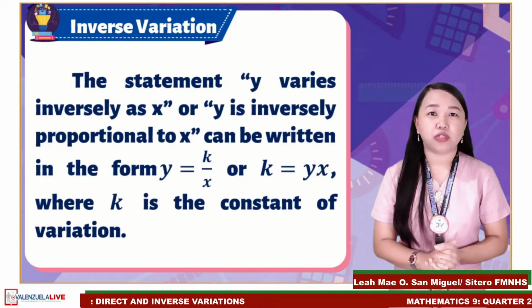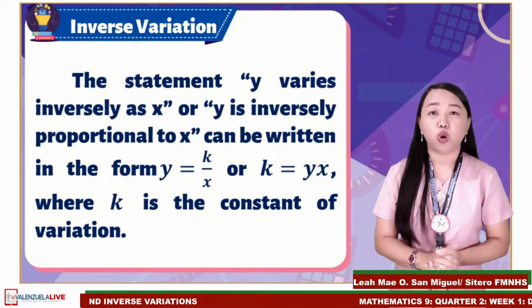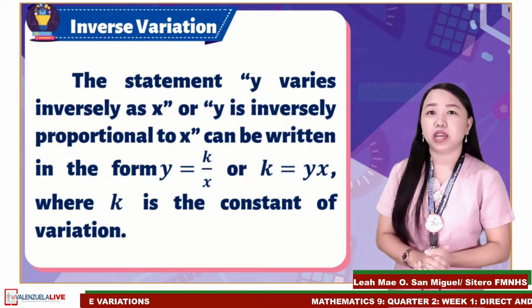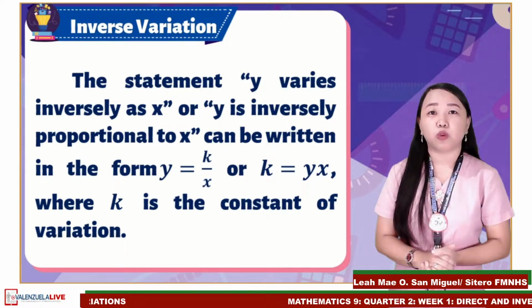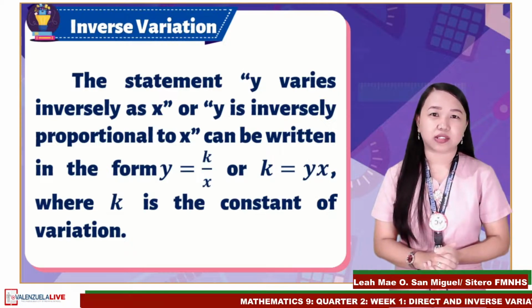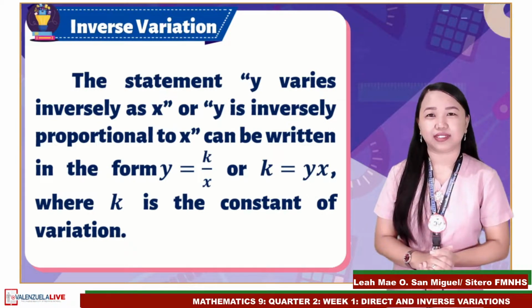We can say that y varies inversely as x, or y is inversely proportional to x, which can be written in the form y is equal to k over x, or k is equal to yx, where k is the constant of variation.